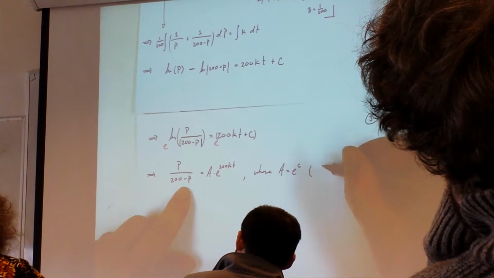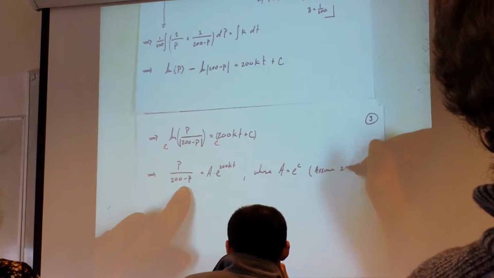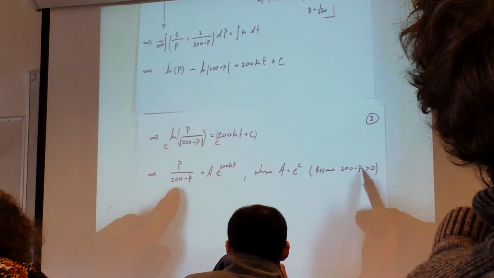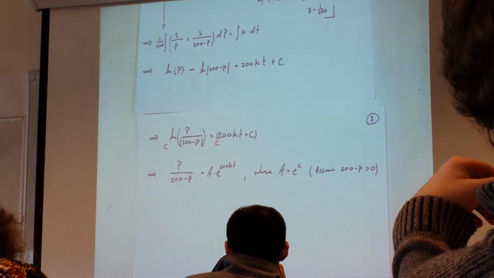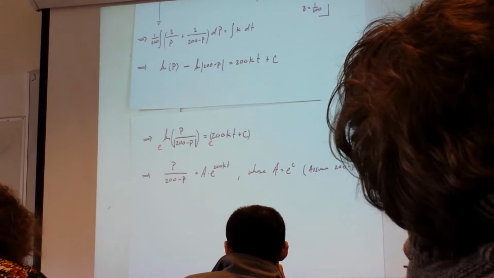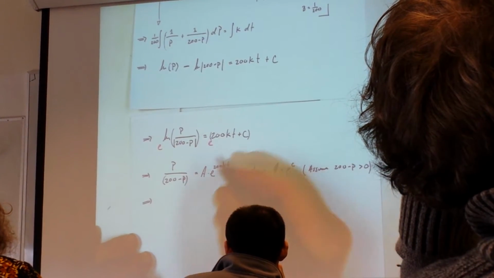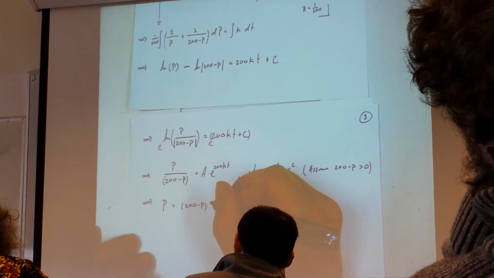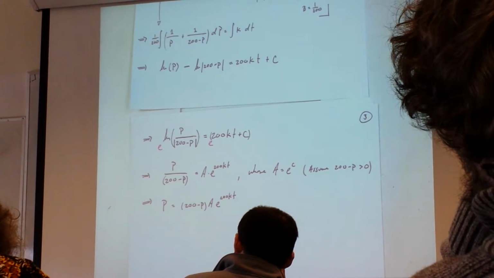I also assume that 200 minus p is greater than 0, which is reasonable because the population starts off at 100, so the absolute value of 200 minus p would just be 200 minus p. Positive, okay? All right, now I can multiply both sides by the 200 minus p in the denominator, and I'll have 200 minus p times a e to the 200 kt, right?